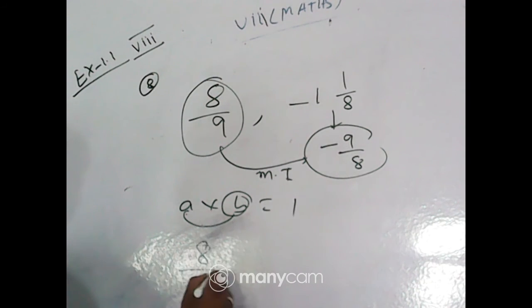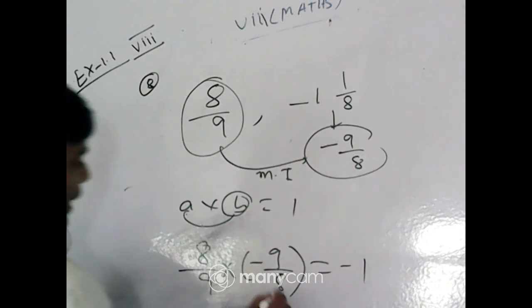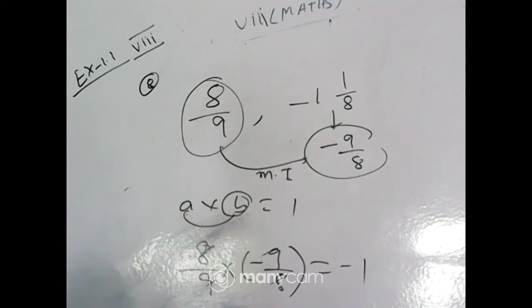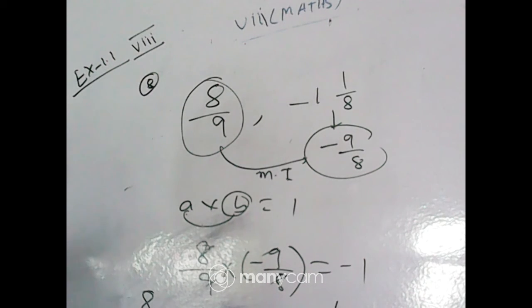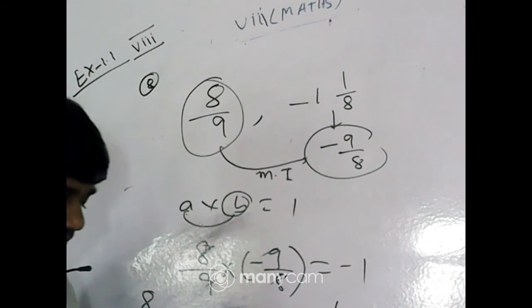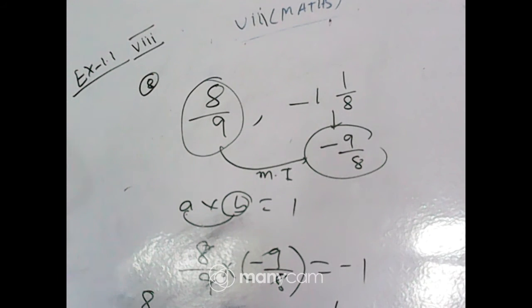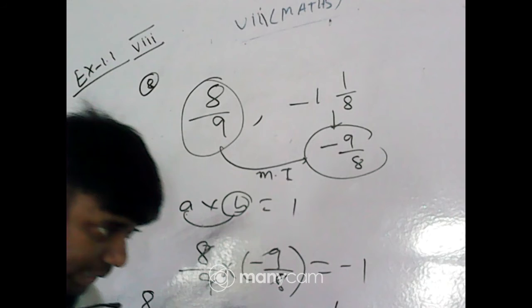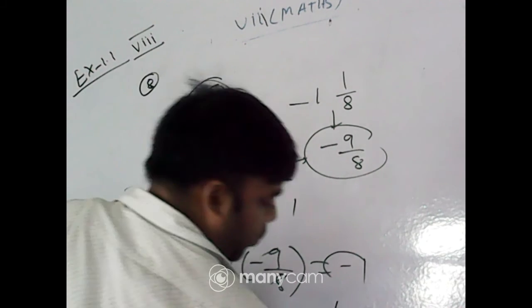So 8 by 9 into minus 9 by 8 gives not 1, but minus 1. So 8 by 9 is not the multiplicative inverse of minus 1 whole 1 by 8. Clear? Any doubt to anyone? It is not 1, it is minus 1. That's why it is not the multiplicative inverse. Now question 8 is solved.